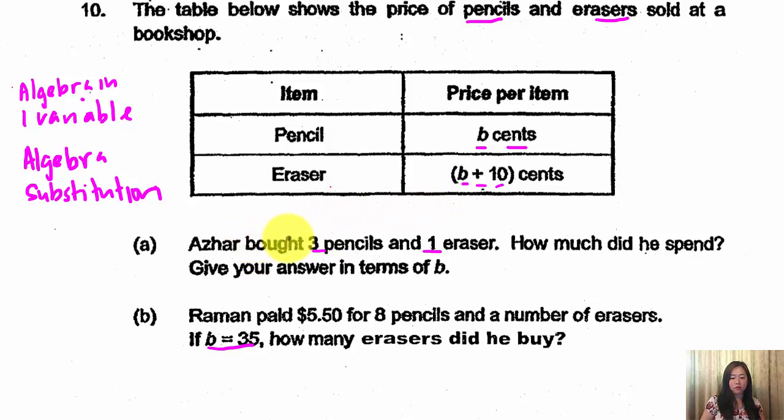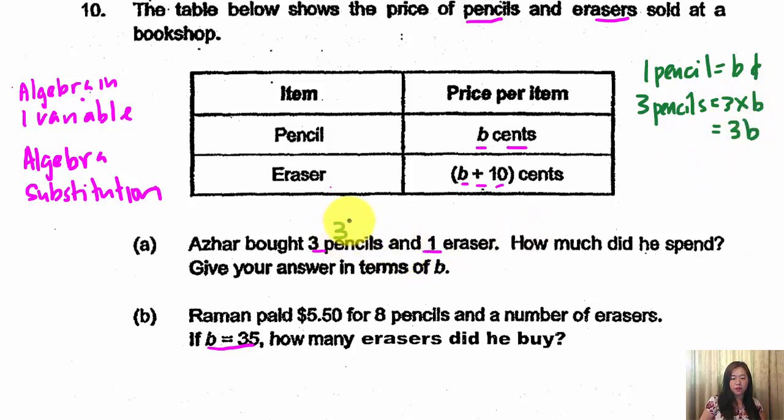So to find out how much Aisha spent for 3 pencils, if 1 pencil is B cents, then 3 pencils will be equal to 3 times B, which is equal to 3B cents.